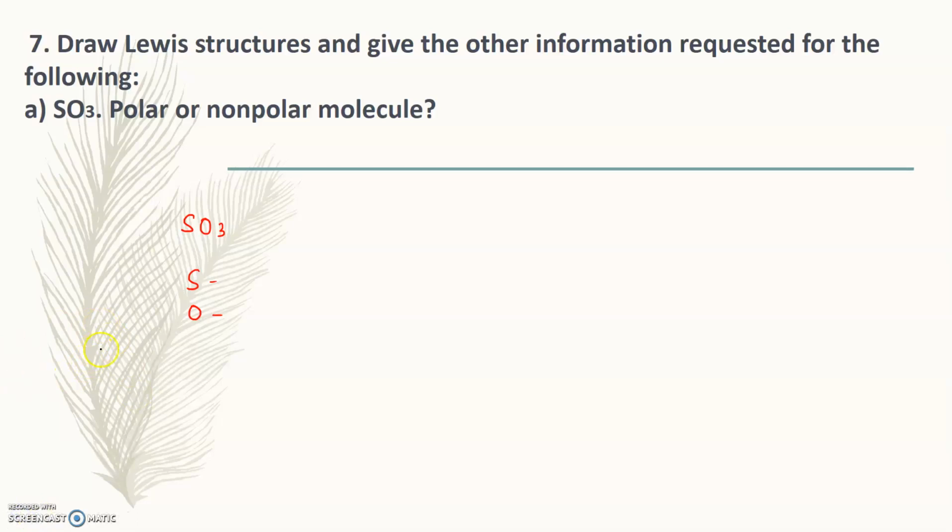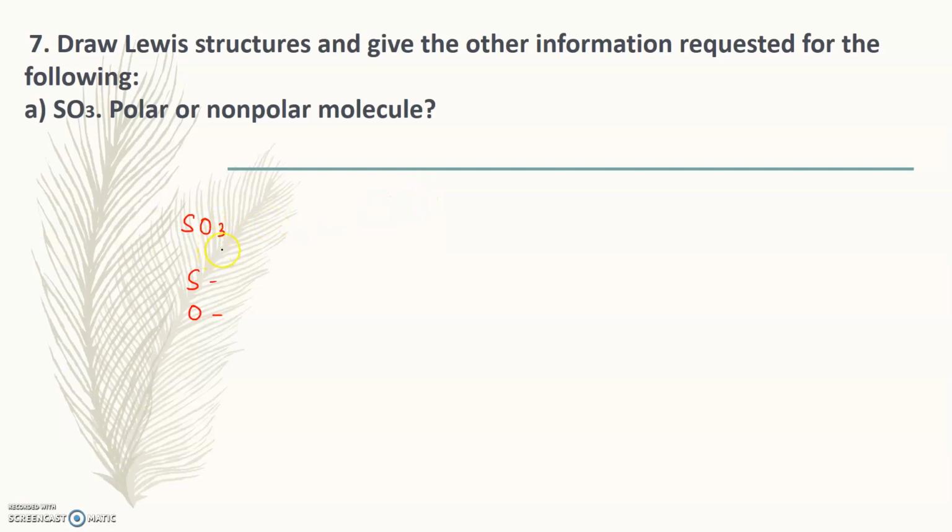Okay, next question, number 7. Draw the Lewis structure and give information for the question. Okay, for A, sulfur trioxide, SO3, polar or non-polar molecule. Okay, first you have to draw the Lewis structure.